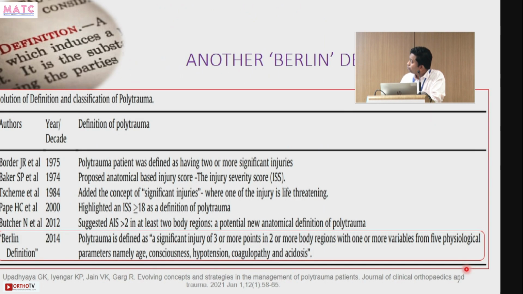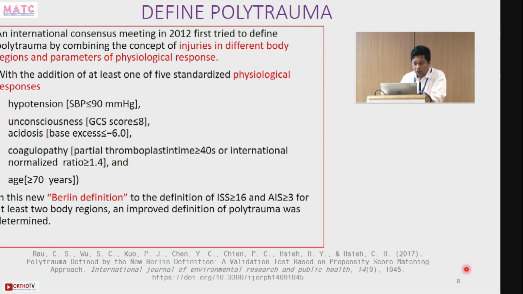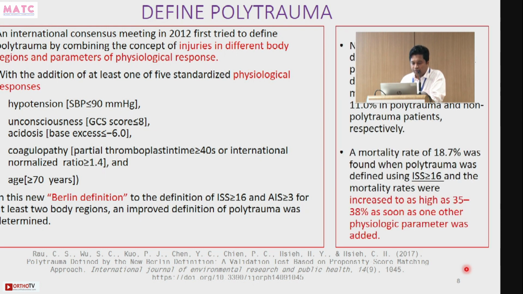Now all of us have this definition. I think our patient fits it, except we don't know the physiological parameters of this patient. But you can see he has more than 3 regions involved. To support your definition, you should also follow a scoring system.